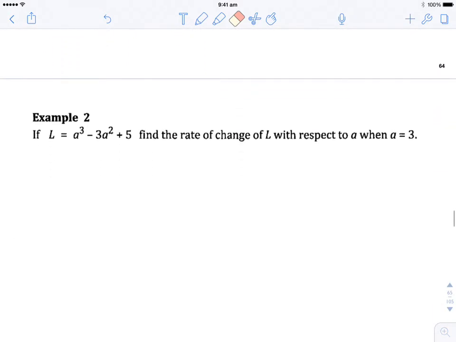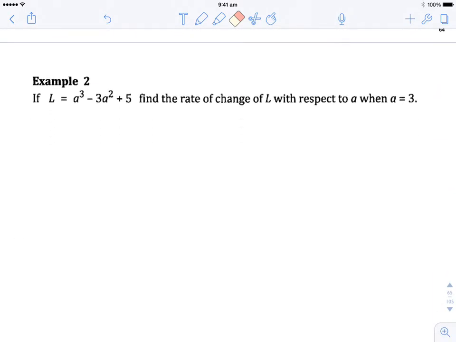That's pretty easy. In this one here, find the rate of change of L with respect to A when A equals 3. So we want dL/dA.